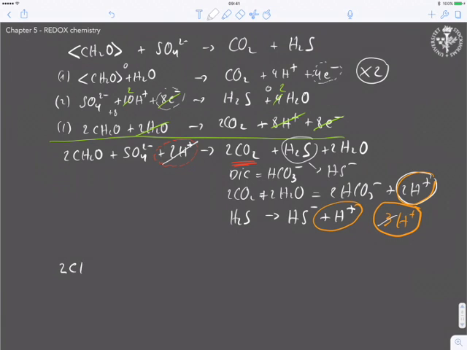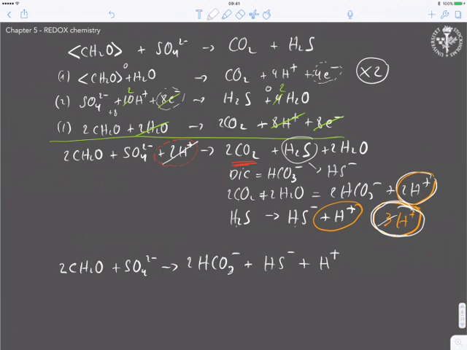So if you're writing that down now, taking account of this pH around 8 where you're going to form species like bicarbonate or HS minus, the final stoichiometry will be sulfate, it will be 2 moles of bicarbonate plus 1 mole of HS minus plus an H plus. Okay, you understand that those H plus are those 3 H plus that we created by shifting from CO2 to bicarbonate and H2S to HS minus.